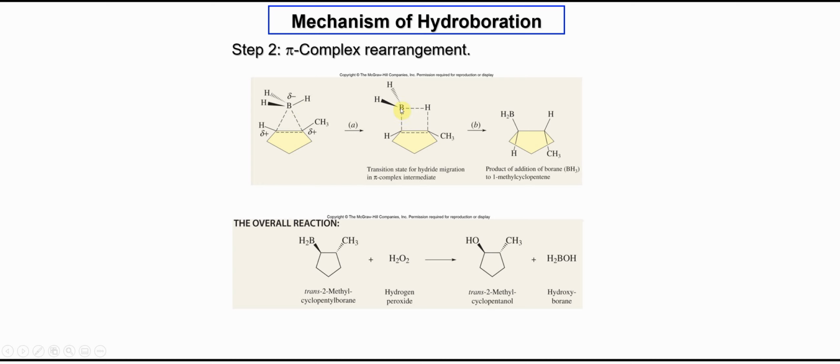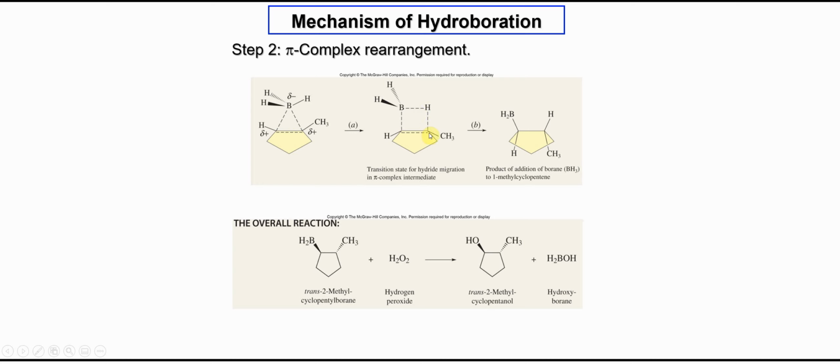So you are going to start forming a carbon hydrogen bond and start breaking the boron hydrogen bond. These two bonds are competing with each other. Carbon is more electronegative, therefore the boron hydrogen bond is going to break up, and the carbon hydrogen bond will be formed.